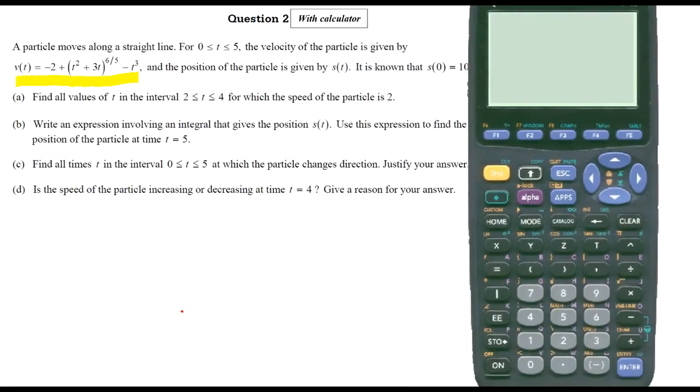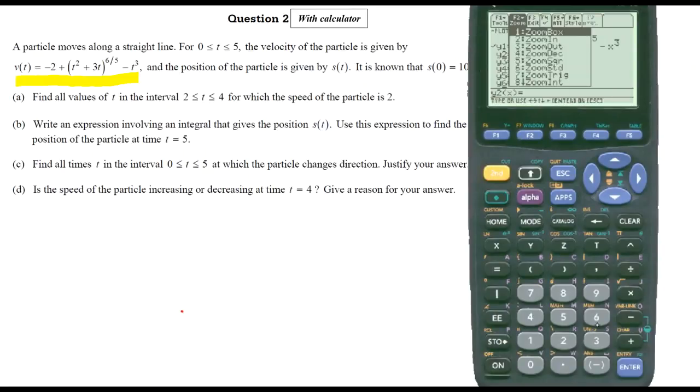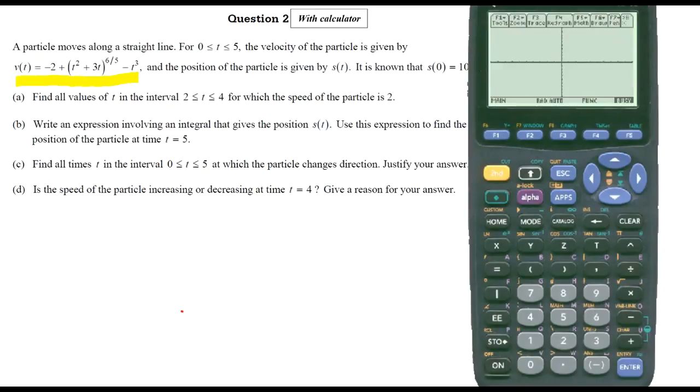Let's get our calculator visible here. So I've already put the function into the Y editor, and if I did zoom standard for a first view, if you're never sure of windows, we know we want x's to go from 0 to 5, but what do we want the y coordinates to go to?